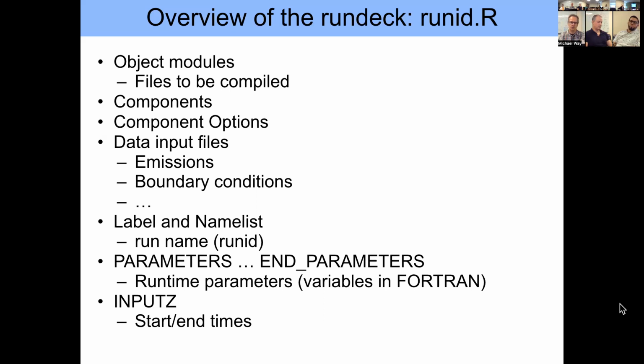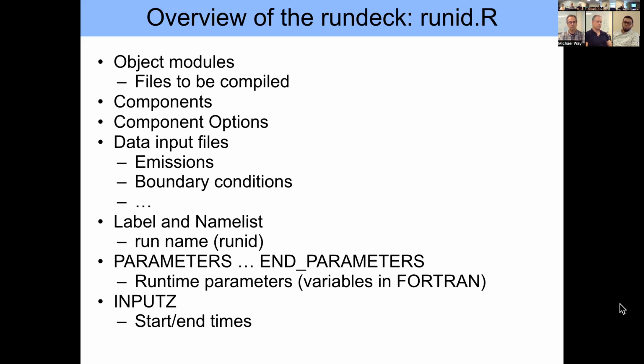The components might have different ways to compile. For example, in the case of the vegetation, you have one or more plant functional types that you can use, and you define that in the component options. These are things you will nearly certainly never touch.